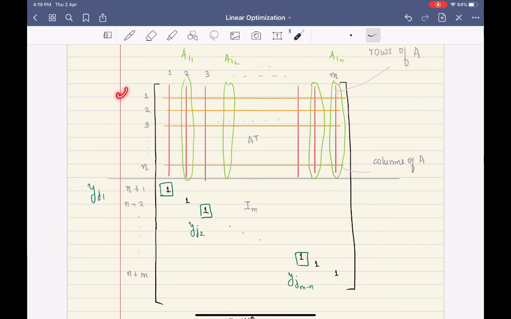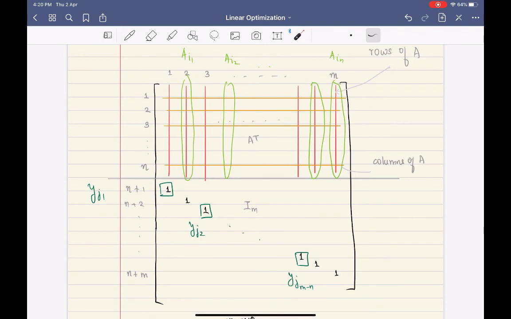Suppose I combine them, alpha 1, alpha 2, alpha n, then alpha n plus 1, alpha n plus 2 till alpha m, and I get the 0 vector. It will have dimension m, 0, 0, 0, m times.